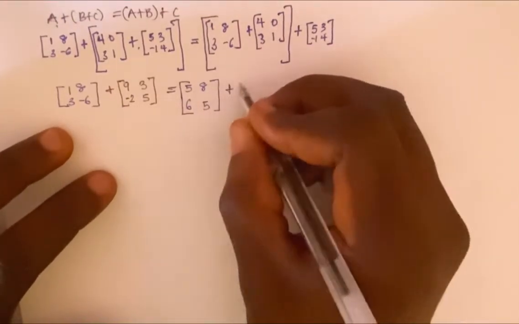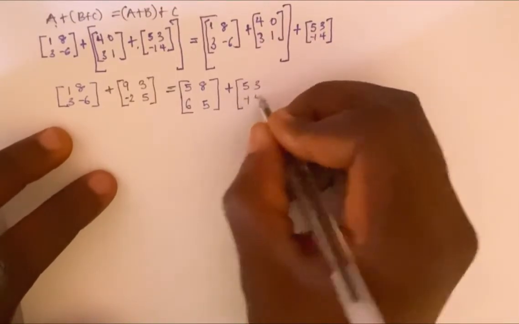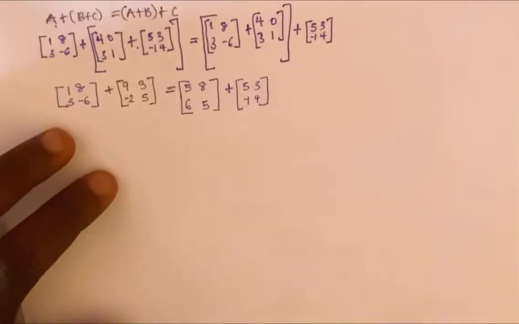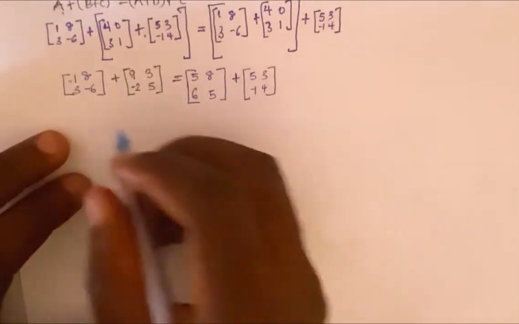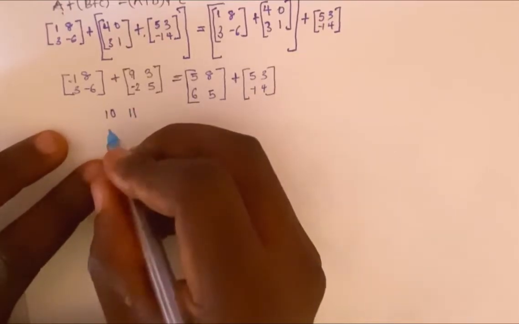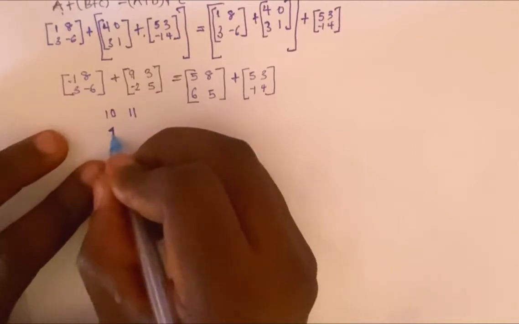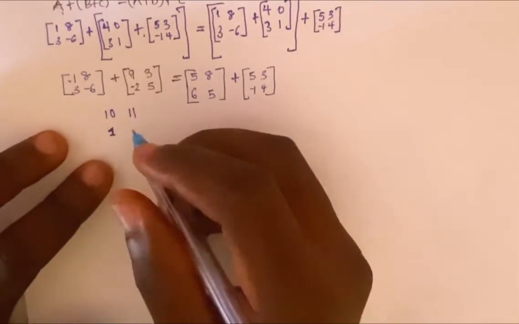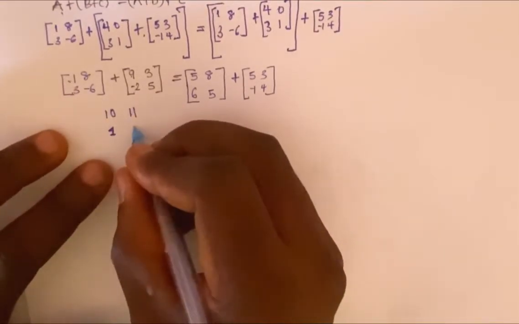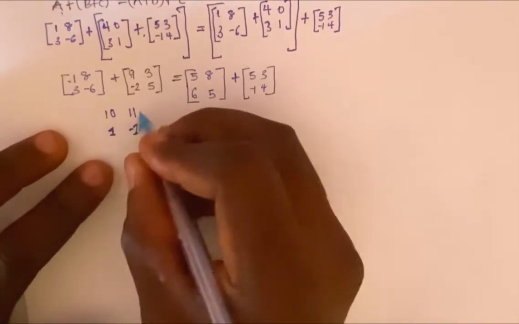Then plus again, I'm having this to be 5, 3, minus 1, and 4. So now let's go ahead and simplify further. 1 plus 9, I'm having 10. 8 plus 3 is 11. 3 plus minus 2 is 1 exactly. That's 1, minus 1. Then minus 6 plus 5 gives me minus 1.